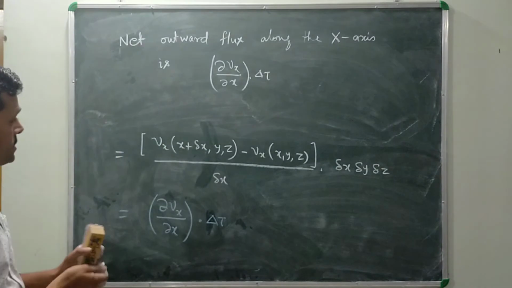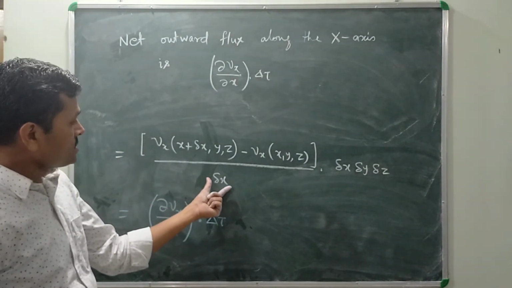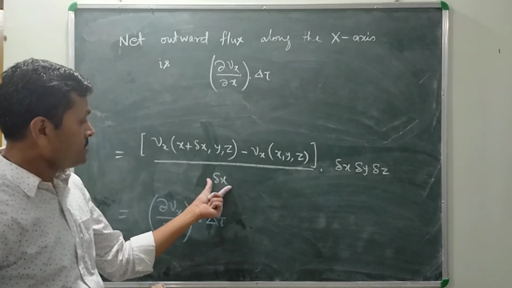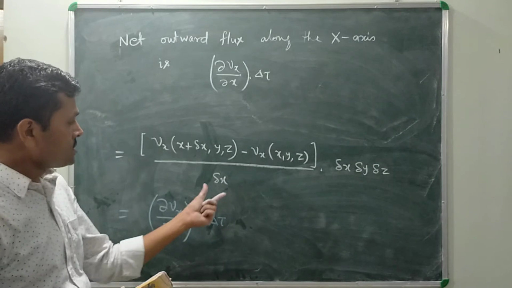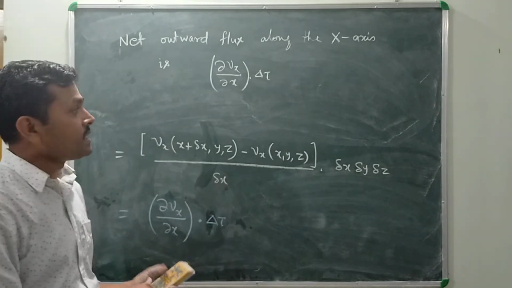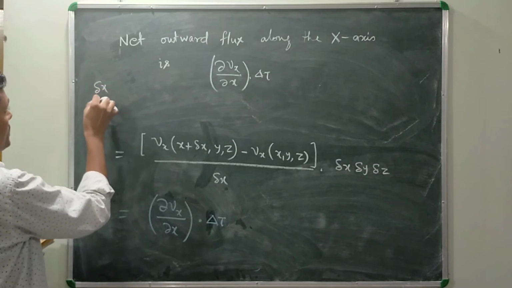Here one thing is very interesting, that we have initially mentioned that the cuboid is very small, means the lengths delta x, delta y and delta z are infinitesimally small lengths.